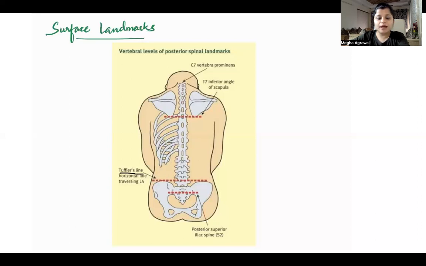And the PSIS, posterior superior iliac spine, the dimples near the buttocks of the patient, passes through the lower part of S2 vertebra. This is usually where the dural sac ends. You can give the spinal only till this level, because below it there is no CSF.